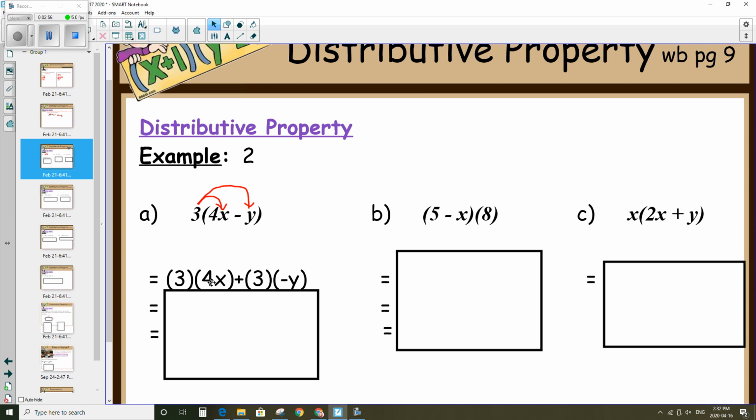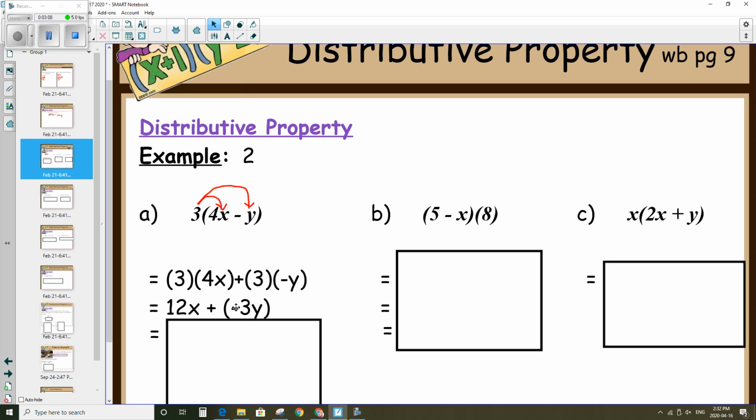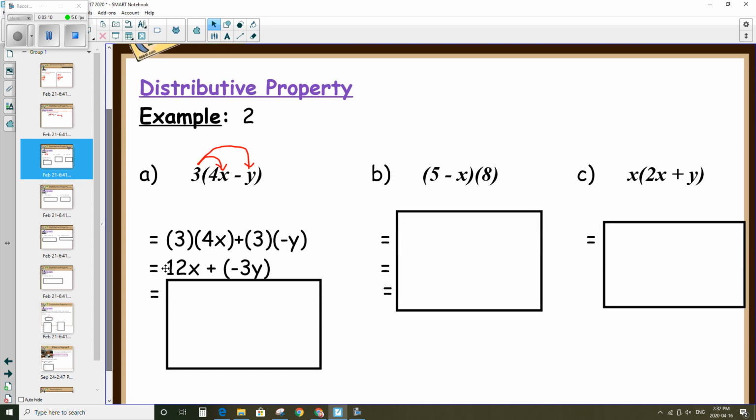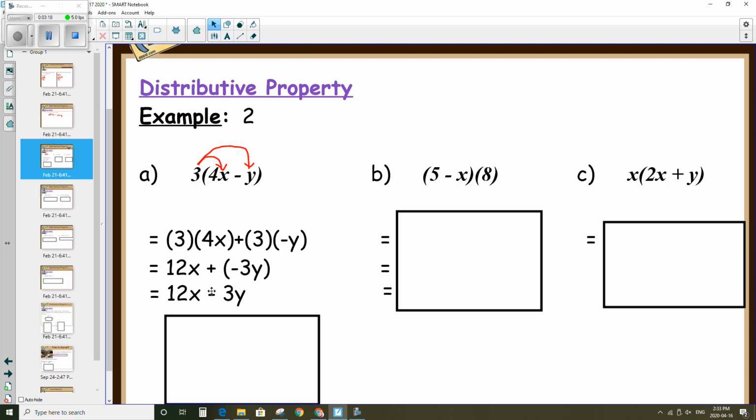Okay, I'm showing my work. Make sure when you're doing your homework, you're showing your work as well. 3 times 4x is 12x, and 3 times negative y would be negative 3y. And then they get added together. Notice when you have two signs that are opposite next to each other, right, that gives you a negative sign. So I can combine those in the last line for one negative.